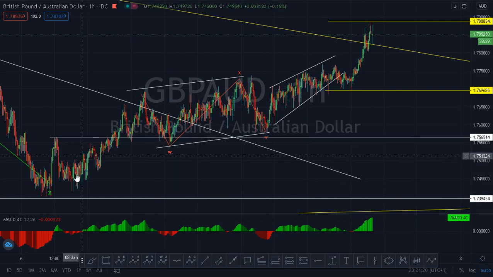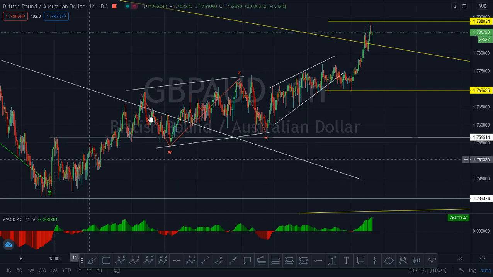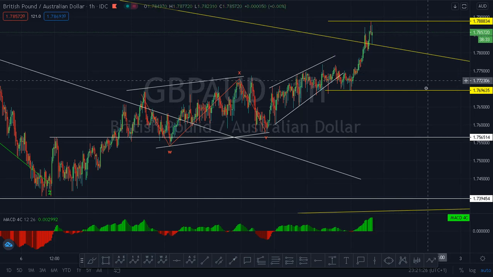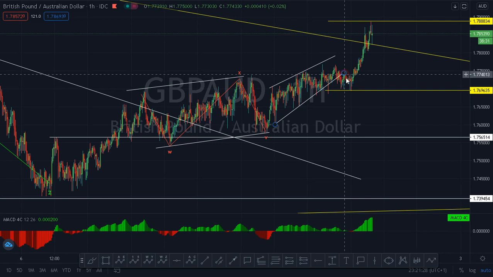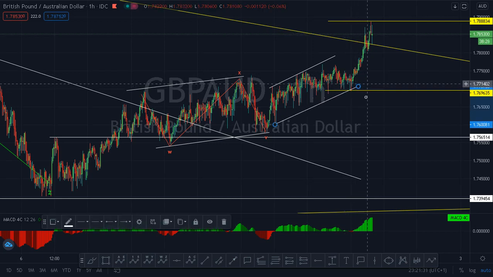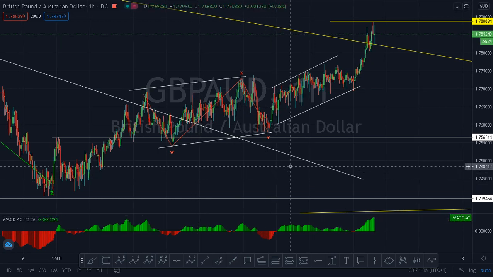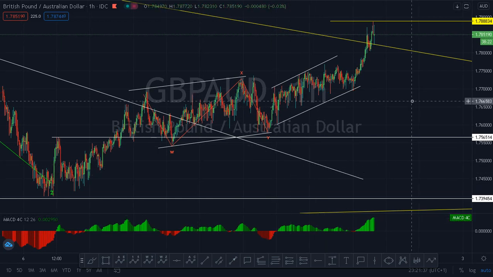On the 1 hour, you can see the movement is quite impressive, though they are motive, but not impulsive.